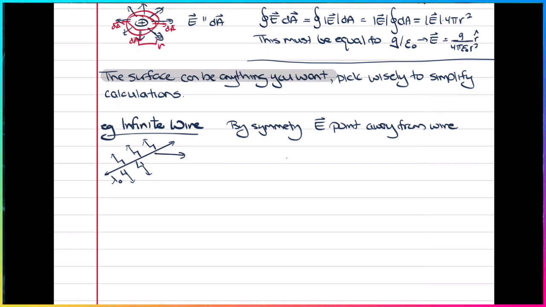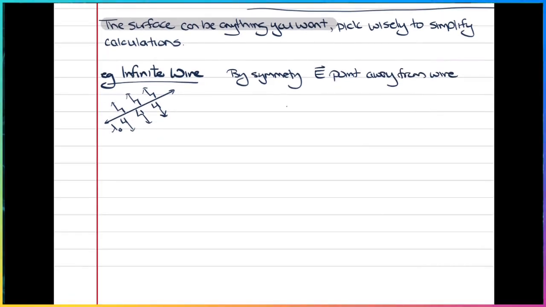I may or may not rotate the thing. And if I did rotate it, then this one might rotate to be over here. But you wouldn't know any different because it would look exactly the same. So again, the only way I can match that is if I have things pointing what I'll call radially away, even though it's not really radially from a point, but kind of radially from the line.